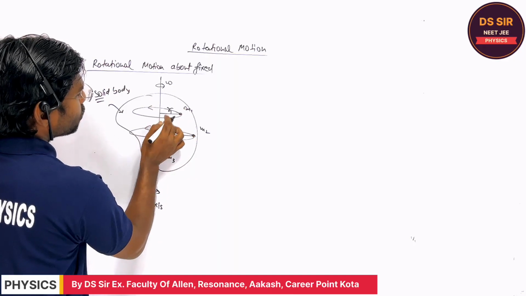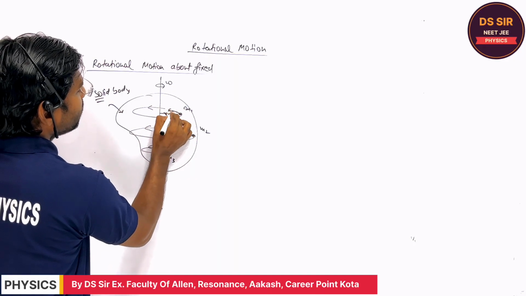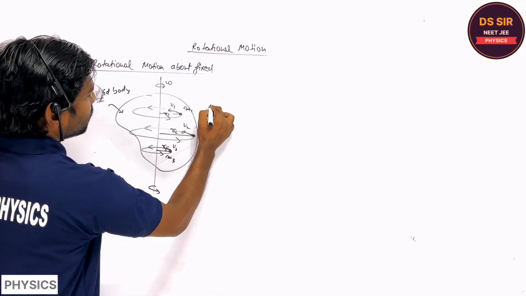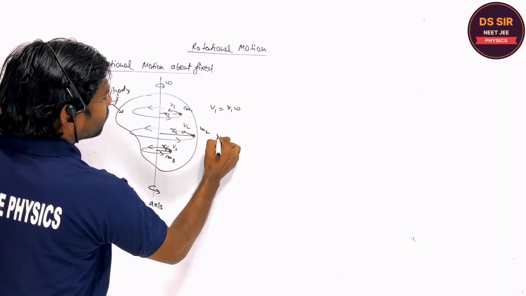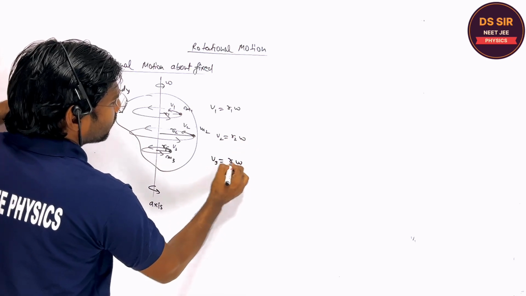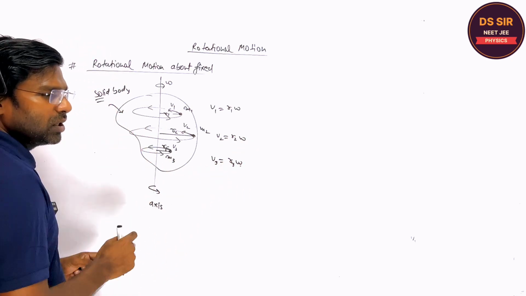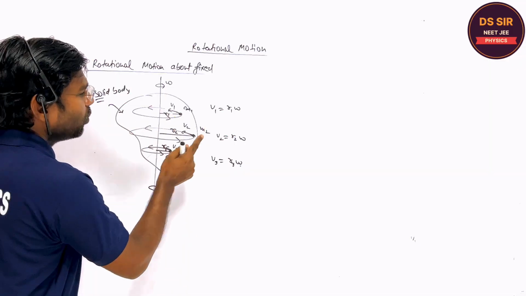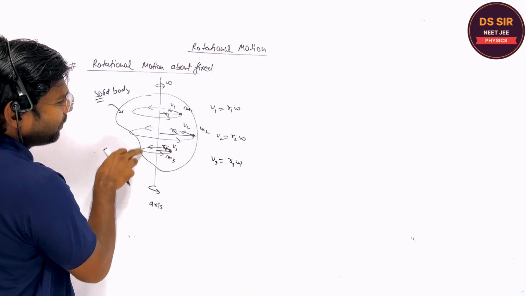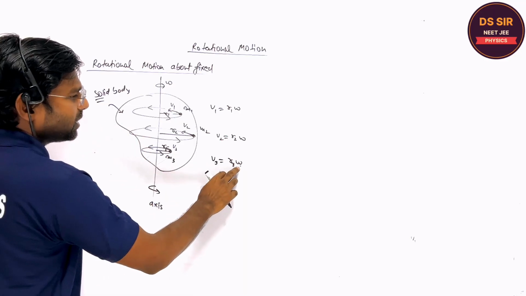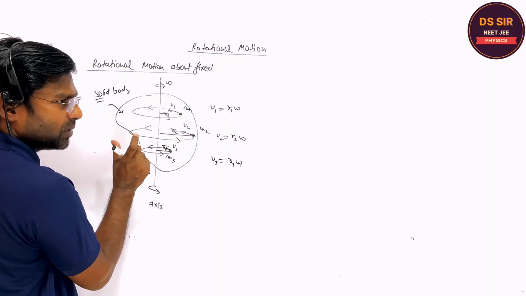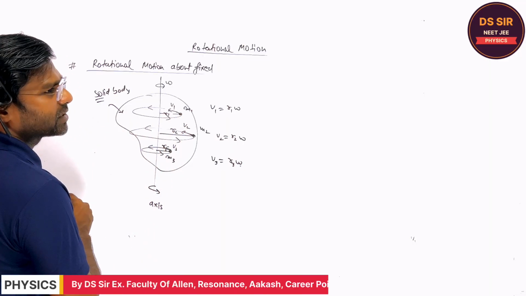If the angular speed is omega, the speeds are v1 equal to r1 omega, v2 equal to r2 omega, and v3 equal to r3 omega. Although the radii are different, these circles are parallel to each other, and the time period of revolution is the same because they rotate about the fixed axis.